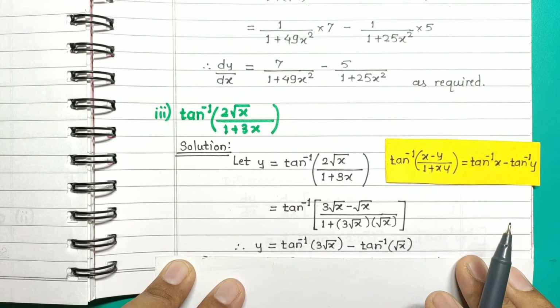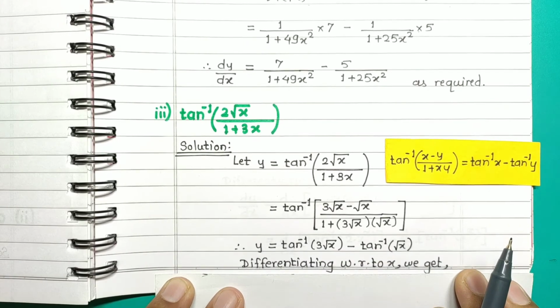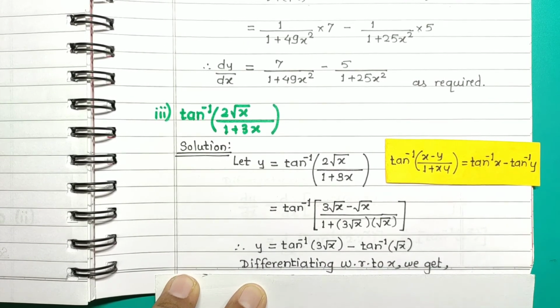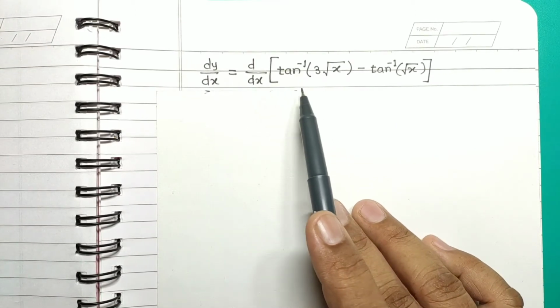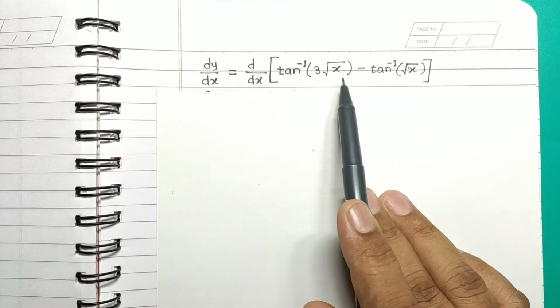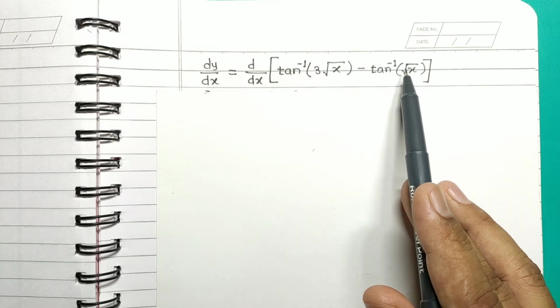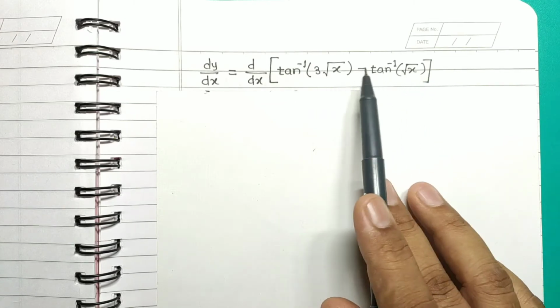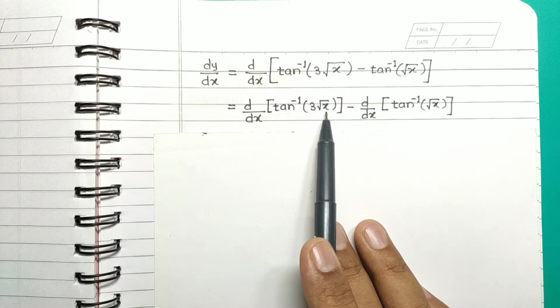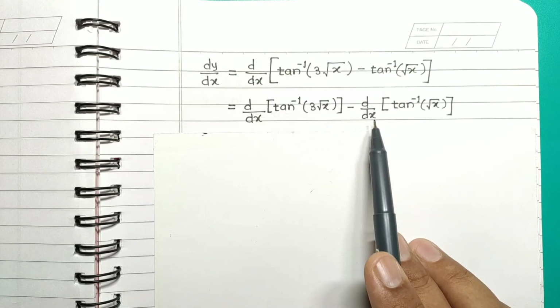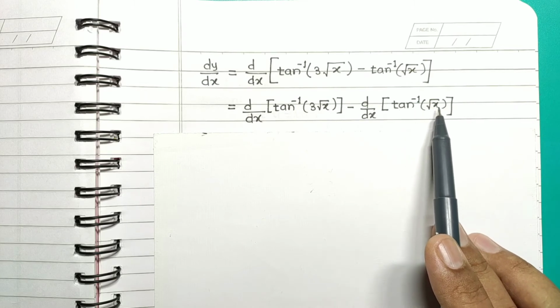So differentiating this function with respect to x, we get, see, dy by dx is equal to d by dx of this subtraction, tan inverse of 3 root x minus tan inverse of root x. So we can write this as d by dx of tan inverse of 3 root x minus d by dx of tan inverse of root x.